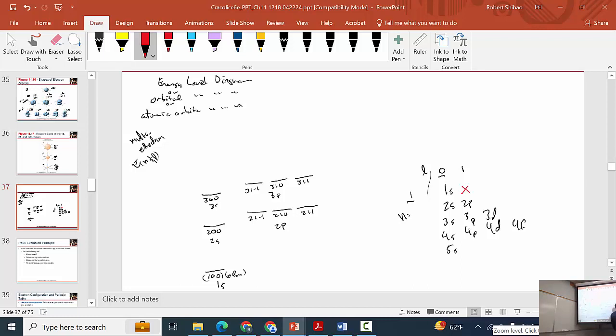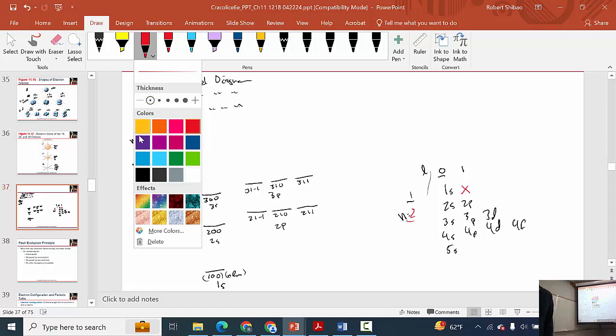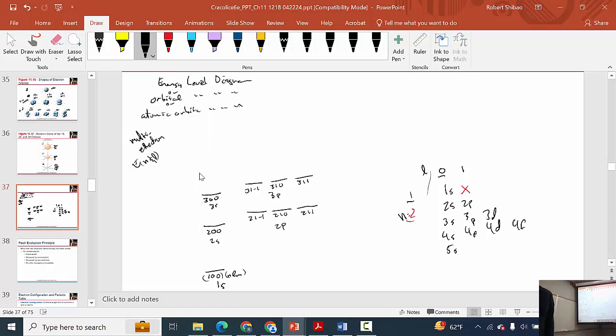So it stops there. However, when n equals 2, what are my possible L values? When n is equal to 2, my possible L values are, I could have 0. Is that okay? Yes. That gives me my 2s. Can I have 1?